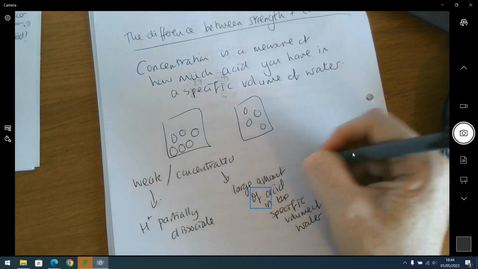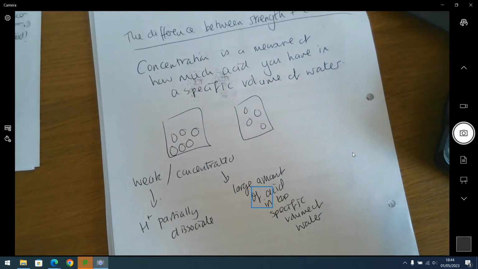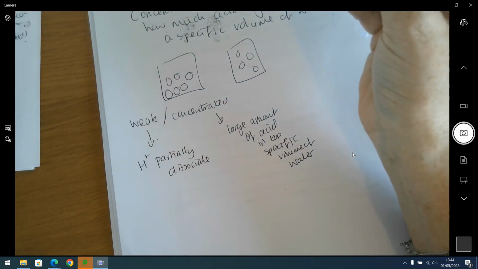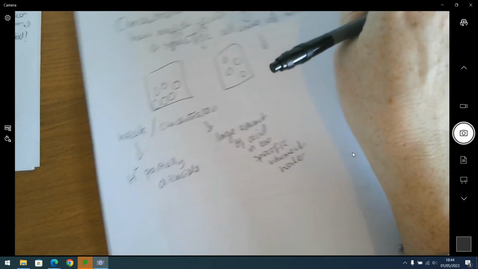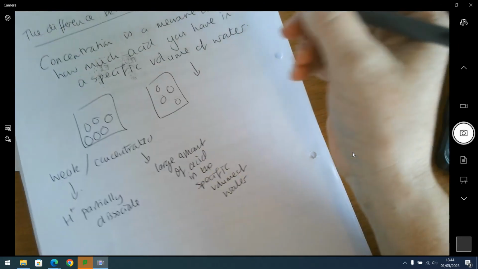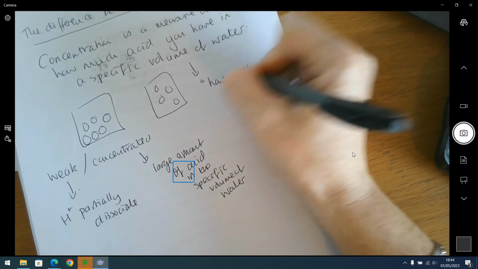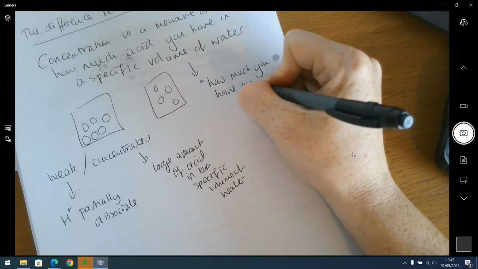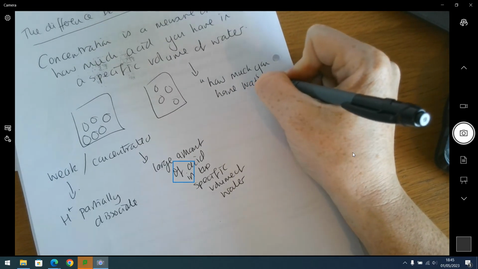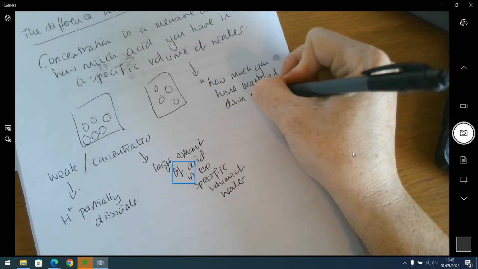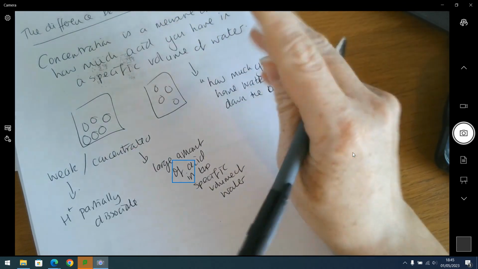Okay, a large number of acid particles in a specific amount of water. So you could be asked that. So essentially concentration is basically how much you've watered down the acid. Okay, and that's what that's measuring.